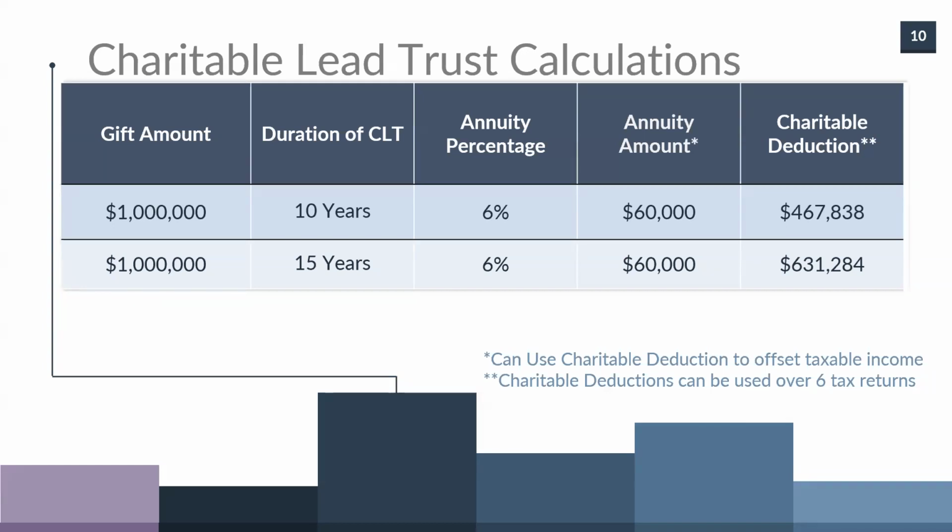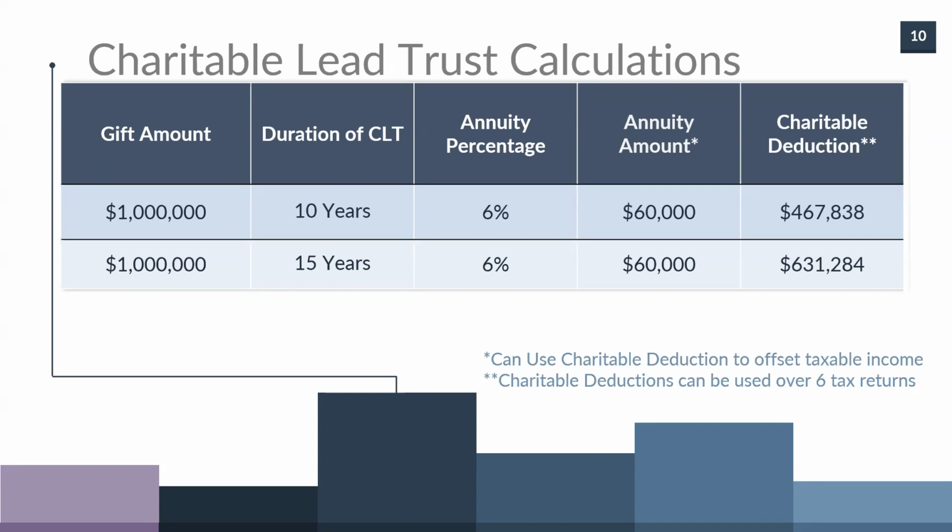If we're investing and doing better than 6%, they're going to put $1 million in, they'll pay $600,000 out to charity over that 10-year period, take a $467,000 deduction, and when the trust terminates, they'll bring back into their estate more than the $1 million that they put into the trust.